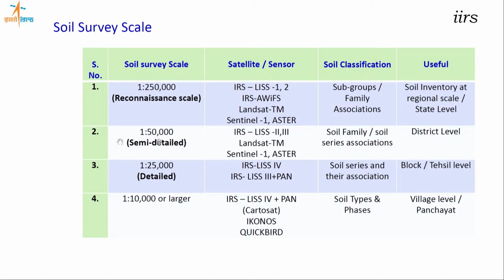And it has relevance for mapping. For example, for district level mapping we go for 1:50,000 scale. But for village level information or giving field level data of soils, we go for 1:10,000 scale. And accordingly, remote sensing satellite data are available with us to cater to the need of these scales.